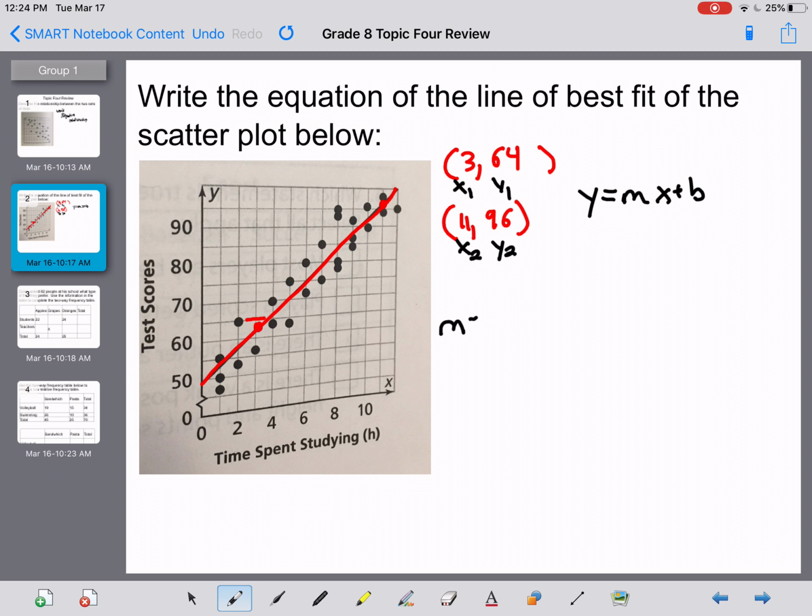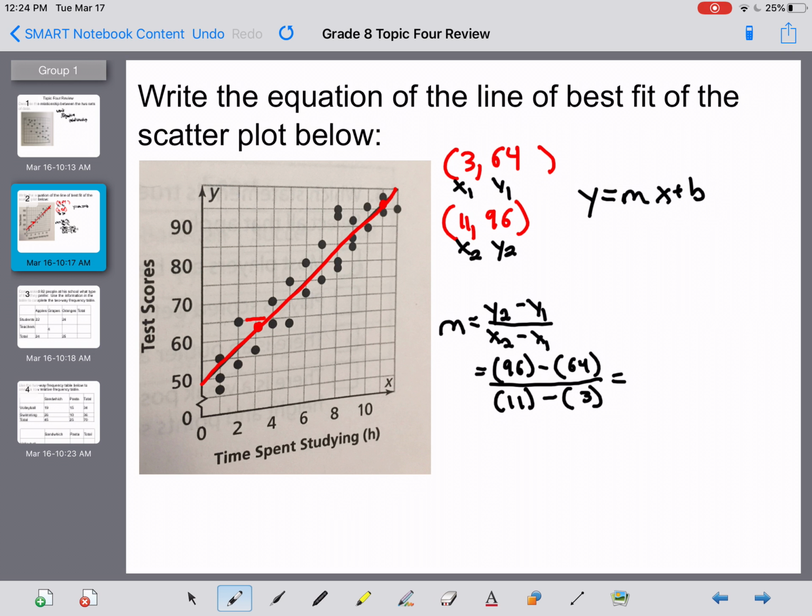I'm going to first find my slope using my formula y2 minus y1 over x2 minus x1. My y2 value is 96 minus my y1 value, which is 64, over my x2 value, which is 11, minus my x1 value, which is 3.